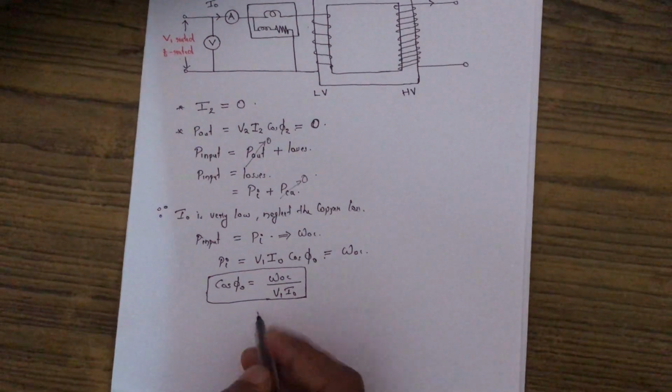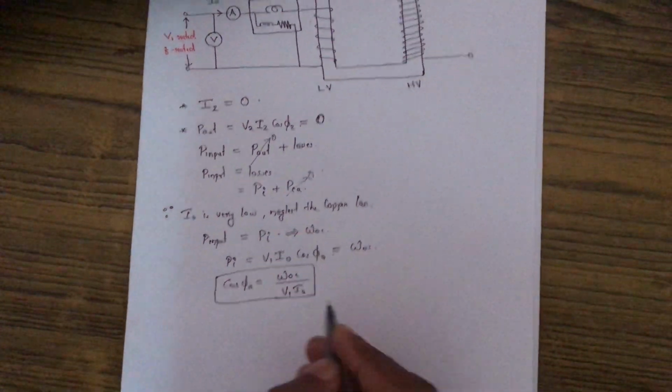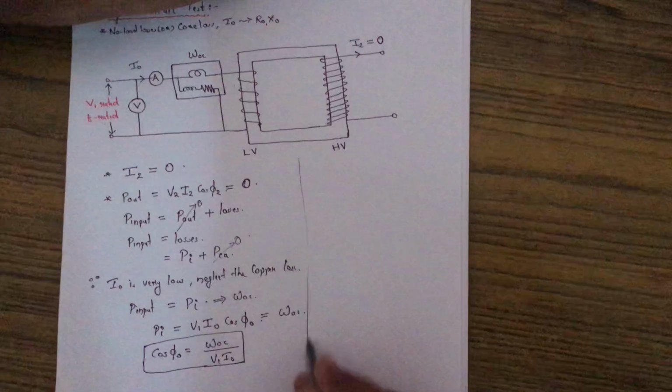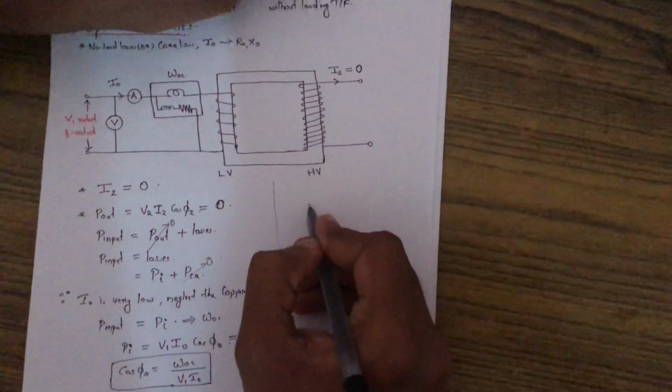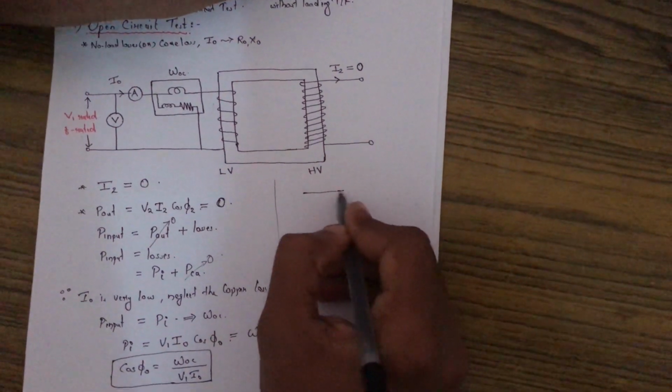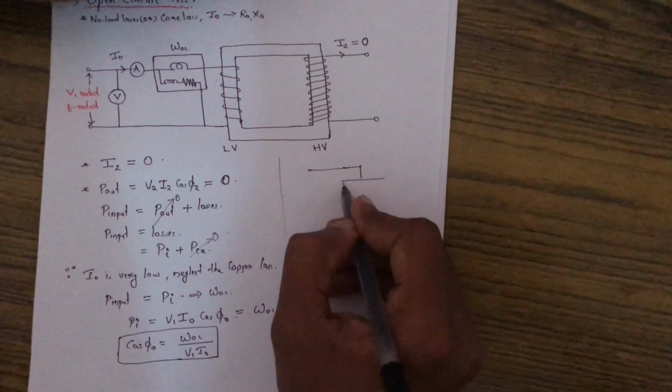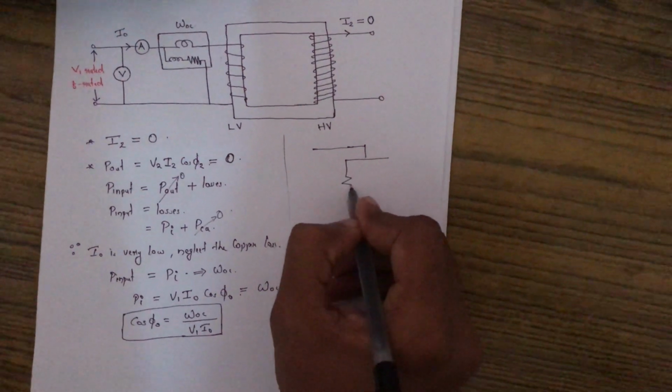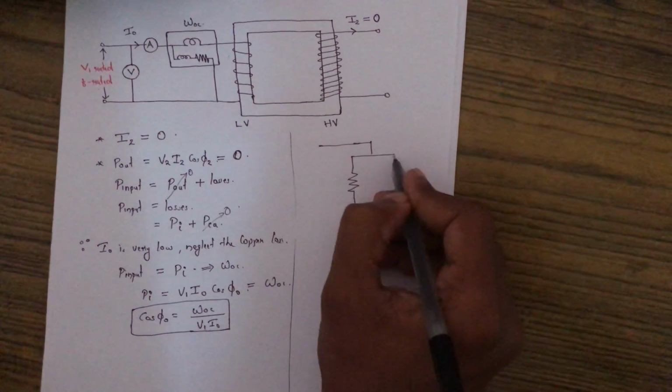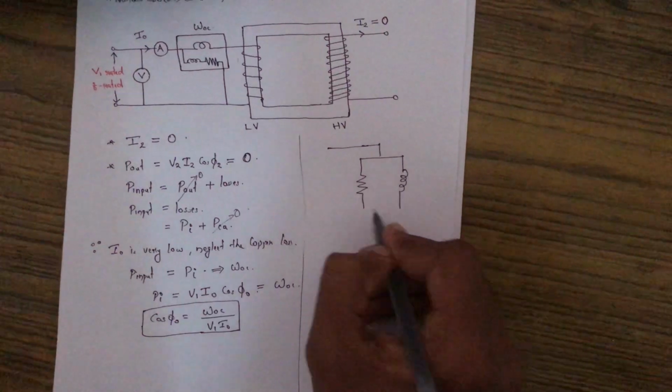If we draw the no load parameters of the transformer, I naught can be separated into two components, I mu and IW.